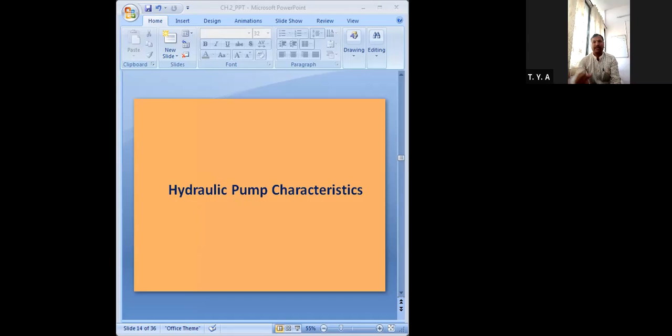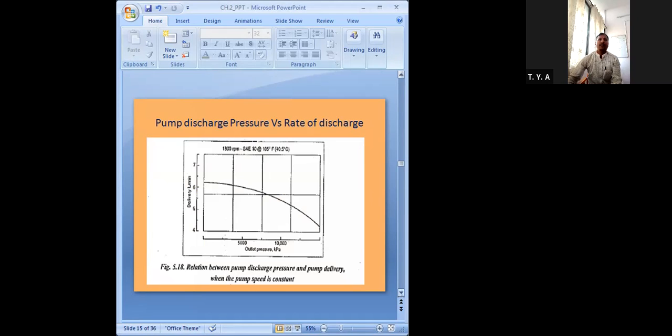Behavior of the pump under varying conditions means the pump characteristics, and we'll see that with the help of some graphs. I will show the first graph, pump characteristic. Now you can see this first graph: pump discharge pressure versus rate of discharge. This figure explains the relationship between the pressure, or the head, which is produced by the pump, and the rate of discharge when the pump is running at a constant speed.